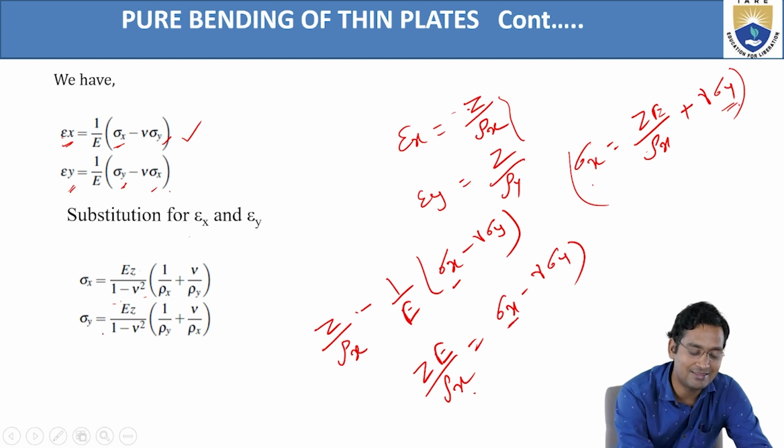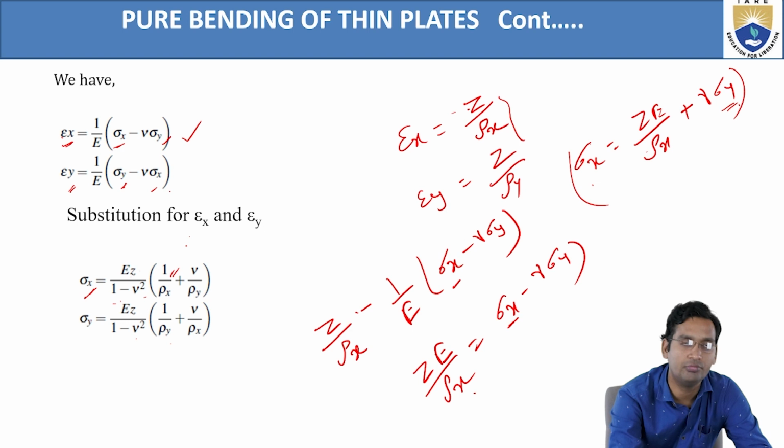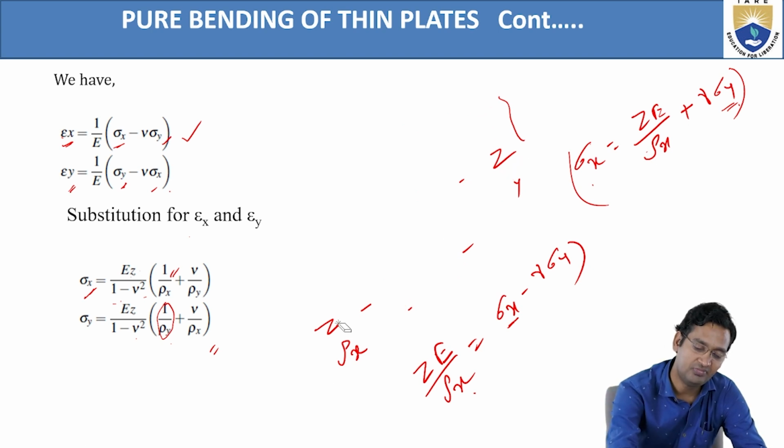Next, sigma y is Ez by (1 minus mu square) into (1 by rho y plus mu by rho x). So sigma x is free from the earlier term and has this new value. Similarly for sigma y. So these are sigma x and sigma y.